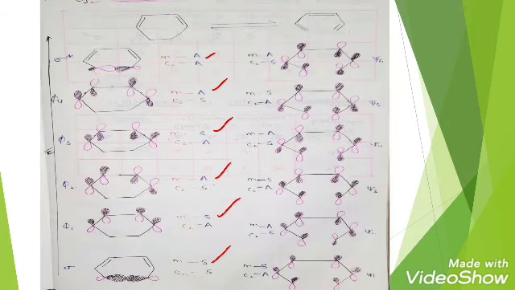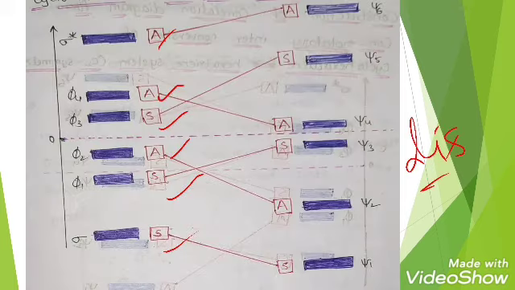Coming to the hexatriene system, psi 1 is symmetric, psi 2 is anti-symmetric, psi 3 is symmetric, psi 4 is anti-symmetric, psi 5 is symmetric, psi 6 is anti-symmetric with respect to the mirror plane, which is written here.